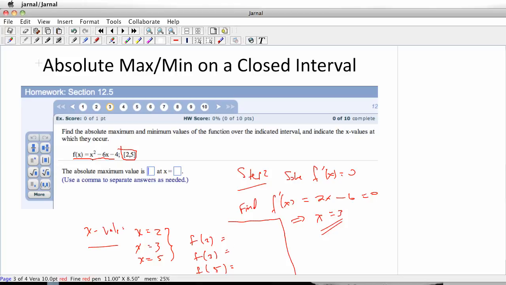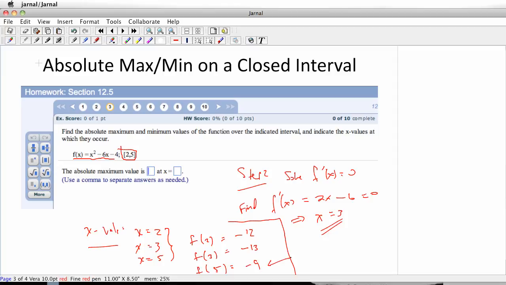So f of 2 is 2 squared minus 12, so it was 4 minus 12 minus 4, so that's negative 12. f of 3 is 9 minus 18 is negative 9, minus 4 is negative 13. And f of 5 is 25 minus 30, that's negative 5, minus 4 is negative 9.